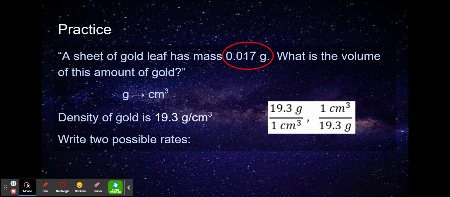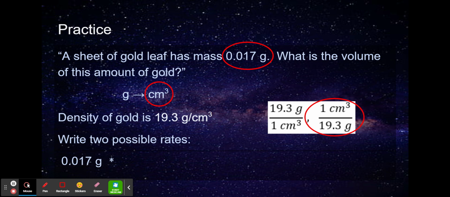Okay, we're going to look at our target unit, centimeters cubed. We want that on top because that's what we want to end up with. So how do we set up our problem? We start with given 0.017 grams, and then we multiply by the rate that we identified. Okay, before we go any further, let's analyze the units. We do have a unit we can get rid of.